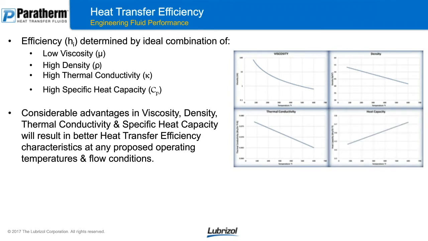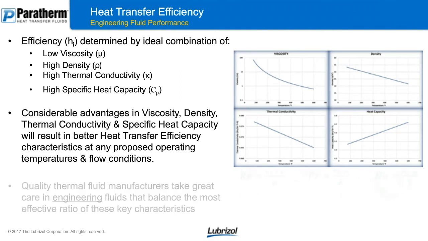Now these properties should be available from any thermal fluid manufacturer that's offering you a legitimate heat transfer fluid product. They should have these properties across the entire temperature use range available for you, either on their website, through literature request, or by calling the company themselves. Considerable advantage in viscosity, density, thermal conductivity, and specific heat capacity will result in better heat transfer efficiency characteristics at any proposed operating temperature and flow condition.